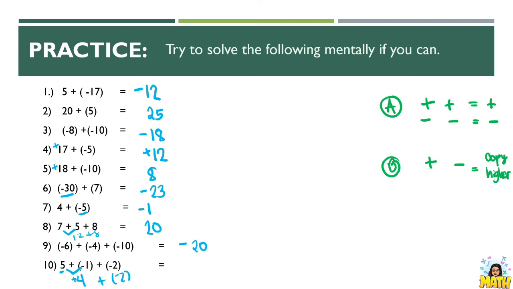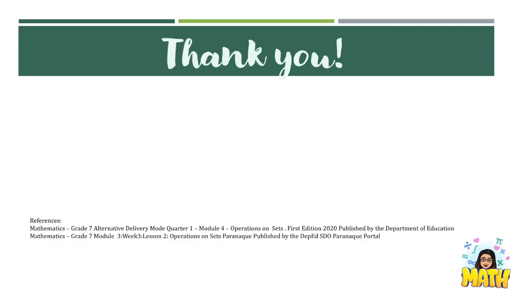So again, they still have different signs. So subtract 4 minus 2, 2, and copy the sign of the higher absolute value. So that is positive 2. So thank you for listening.